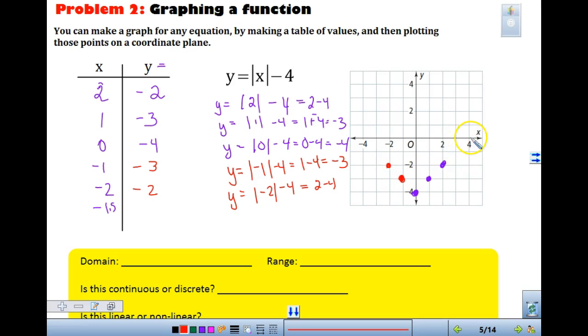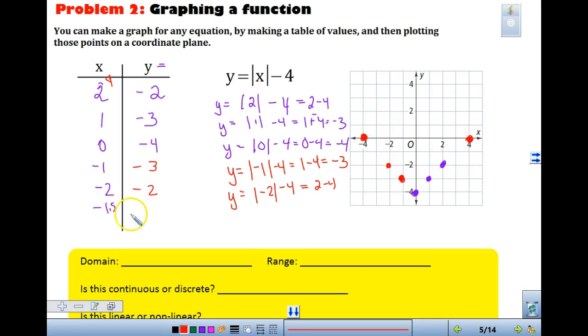If I wanted to plug in 4, if I would have gone and put 4 in, where would 4 have been? If I would have plugged in 4, 4 should be where? 0. Later this year, we're going to talk about roots of functions. This is a root. If I would have plugged in negative 4, what else would I get? I'd get 0 also.